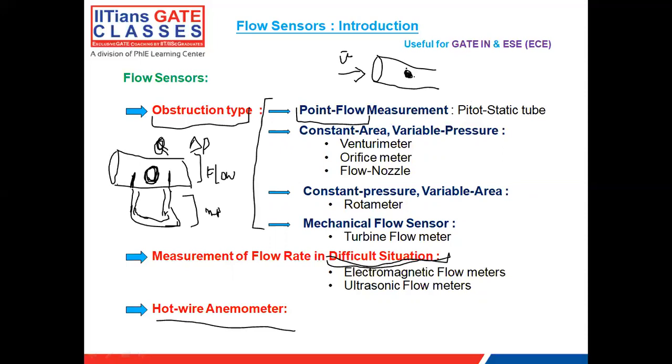In a Pitot static tube, the structure is such that there are 2 points, one is the stagnation point and another is the static point. When the fluid is flowing, at this particular point there will be pressure. What pressure will be there? The fluid is directly striking this point and the velocity will be zero.